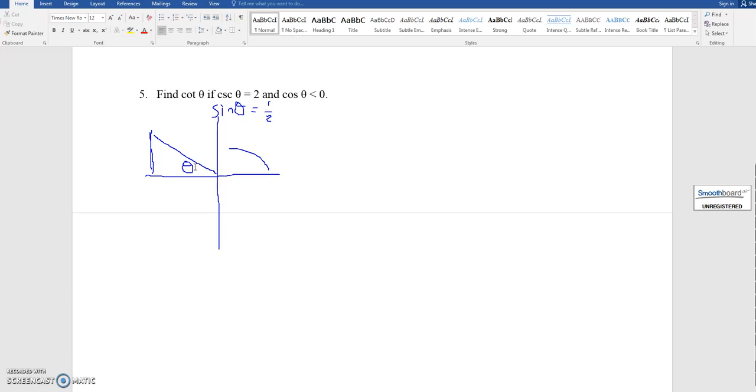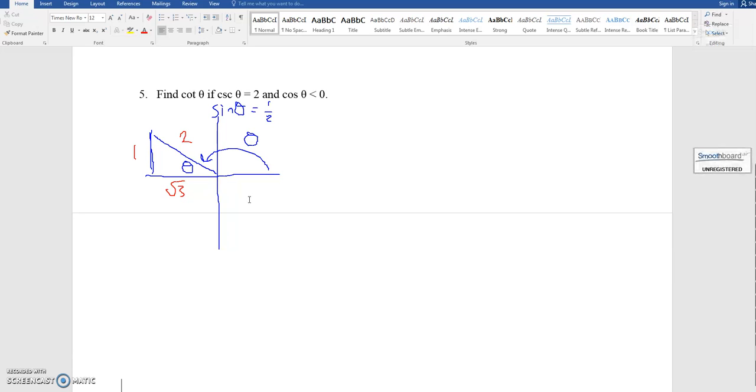Really, this is kind of the theta that I'm talking about. But we're going to use the theta that we have right here to get us there. I need the opposite side there to be 1 and this to be 2. And then that would make this be a square root of 3 because of the type of triangles that we know we're working with here. Okay, 1, 2, and square root of 3 are typical sides that we see.